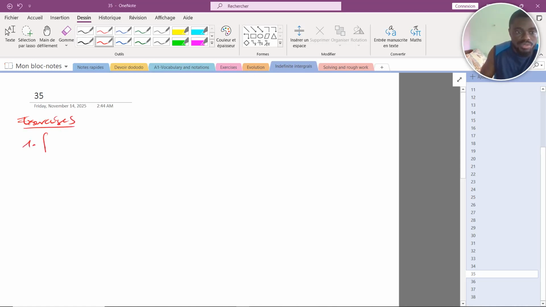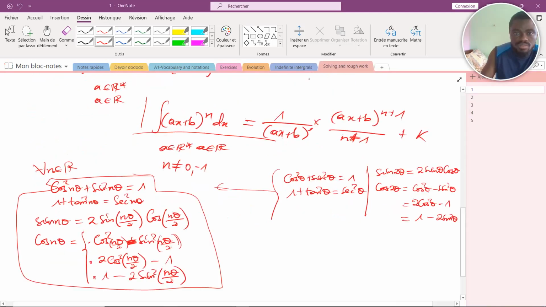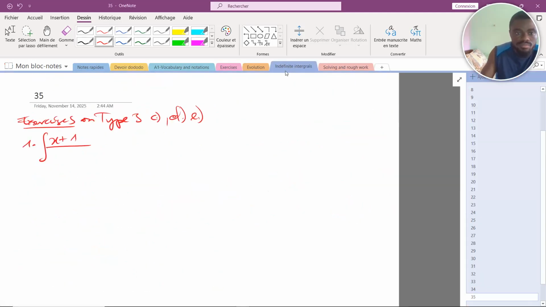The first one, we are to integrate exercises on type 3.